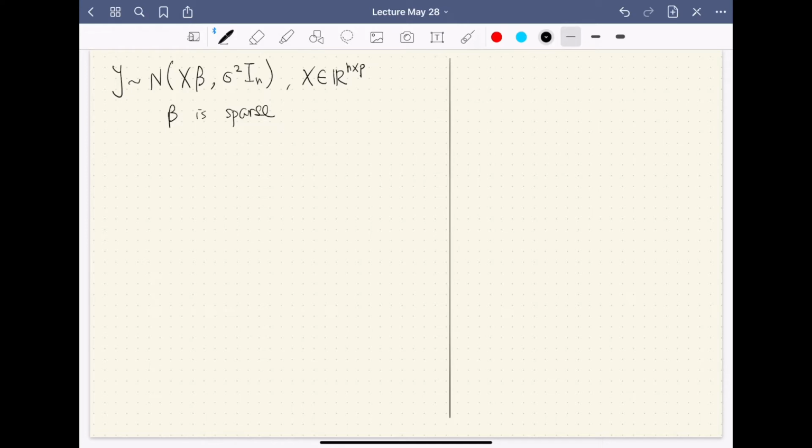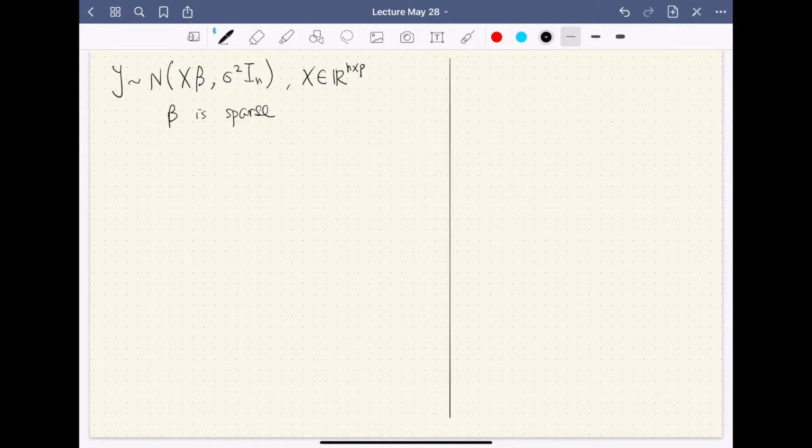By sparse, we mean that beta, as a vector of p dimension, has only a small number of entries that are non-zero. For most entries, they can be exactly zero, or they can be approximately zero. One can be characterized by the value of the L0 norm, the other by the value of the L1 norm.